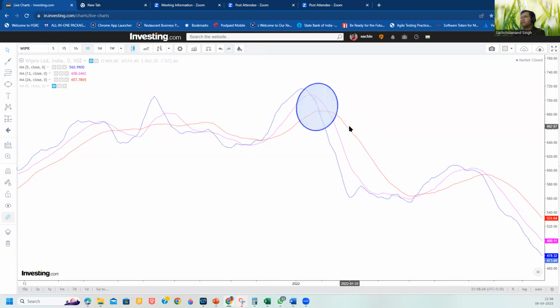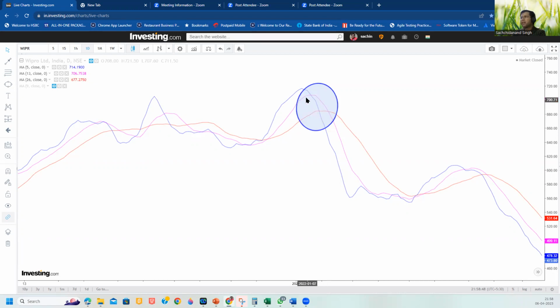Just look within this blue circle. The moving average of the lower time frame is crossing the moving average of the higher time frame. That is, the 5 is first crossing the 13 moving average, which is pink in color, and later on it is also crossing the moving average of 26.